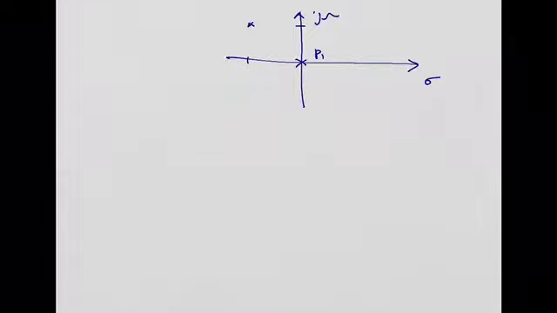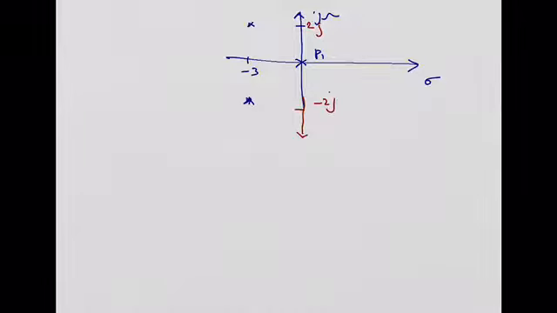Let me mark it with a cross: minus 3 plus 2j, with 2j here, and similarly in the opposite direction, minus 2j here.